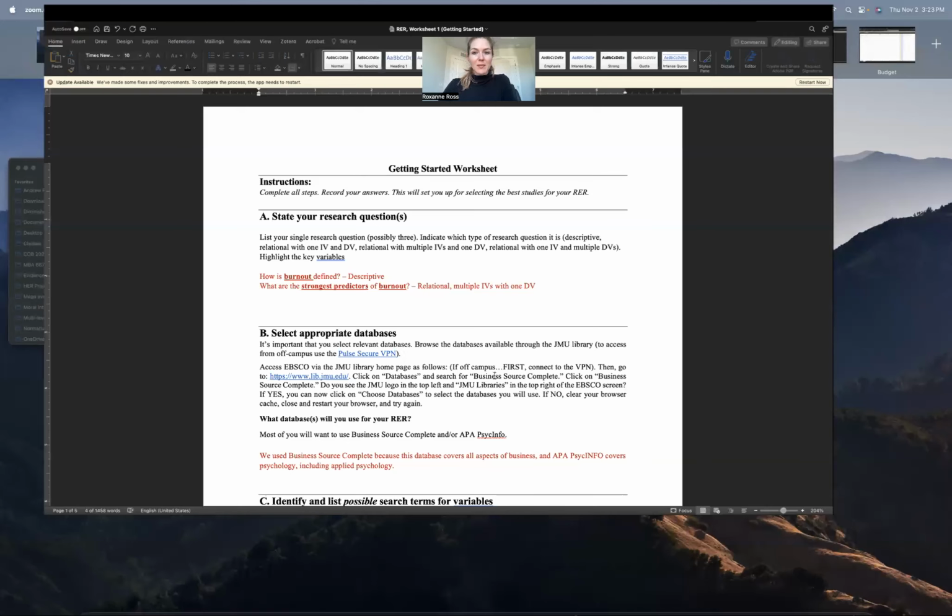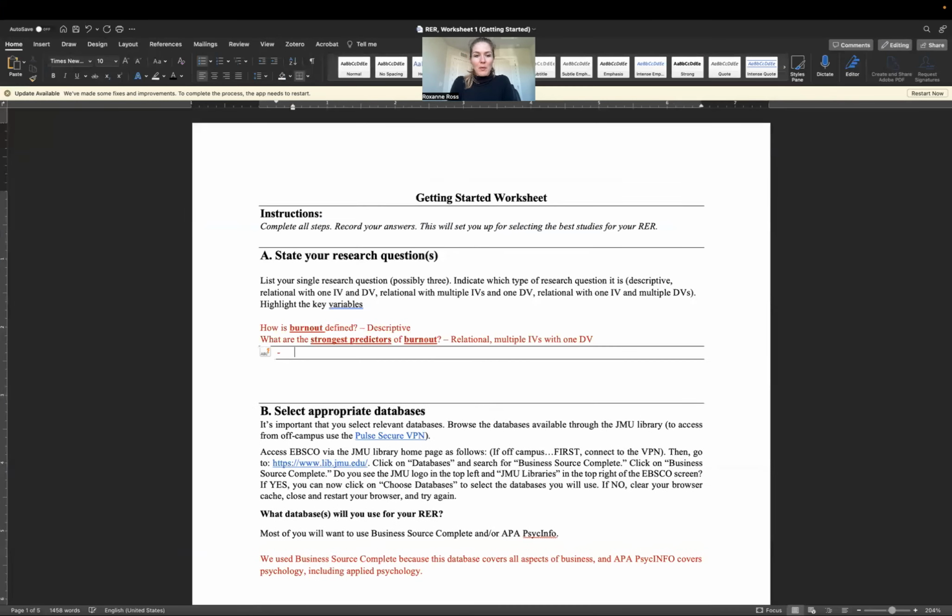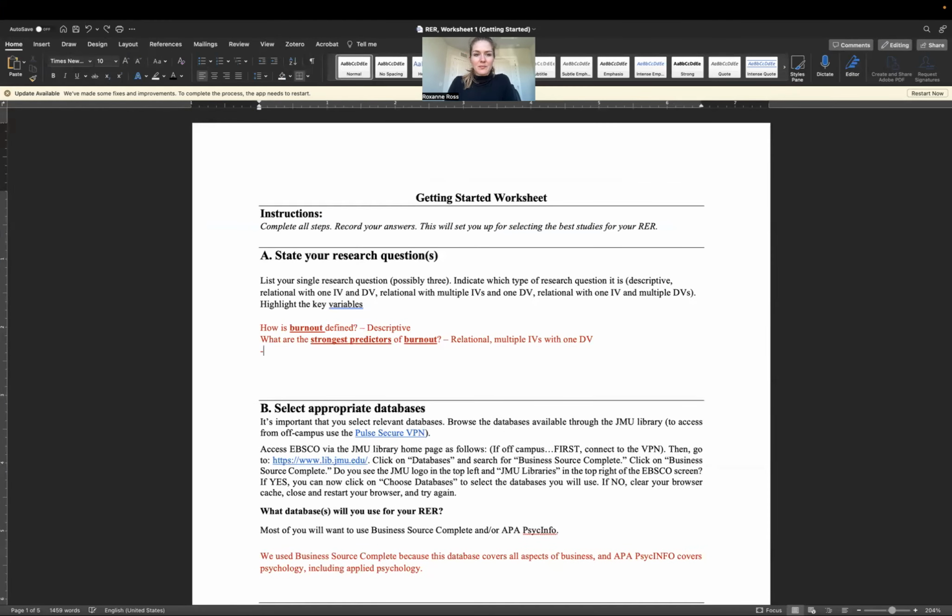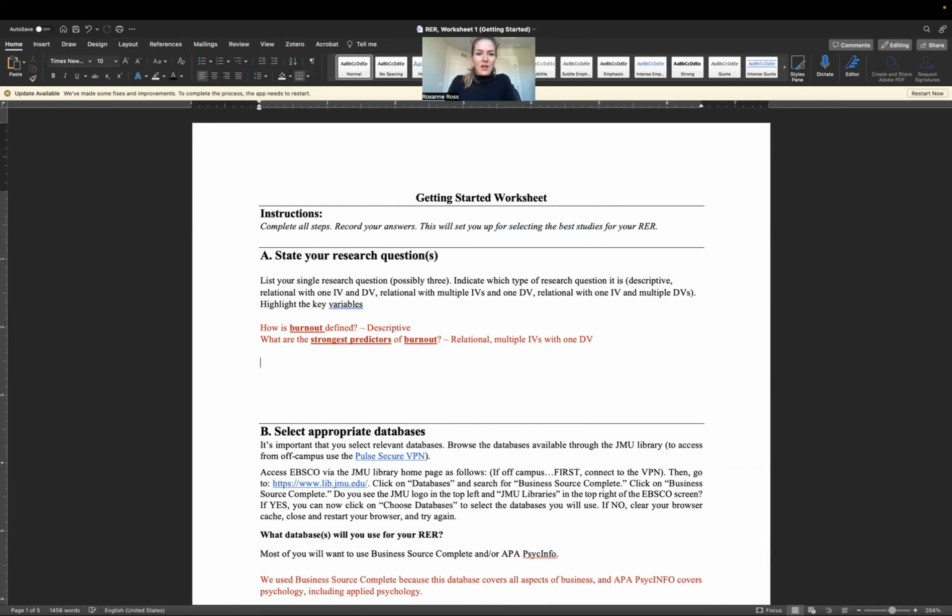So in terms of the types of notes that we would take and what we would put in our write-up, we could say job demands have a moderately strong and positive relationship with burnout.